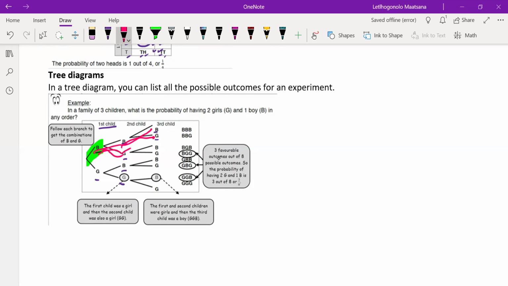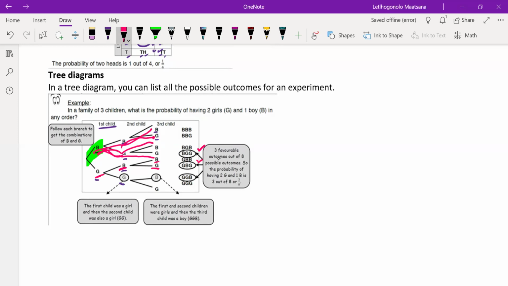Here we'll have a girl, and then a boy. No. If we start with a boy, then a girl, then a girl. Yes, this meets our needs. And then this one here, we have a girl, a boy, and a boy. 2 boys does not meet our needs. We have a girl, a boy, and a girl. This one meets our needs, so we're happy with that.